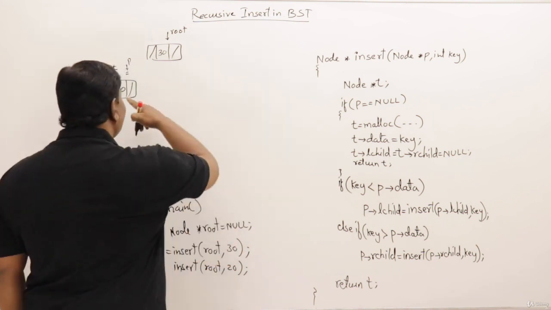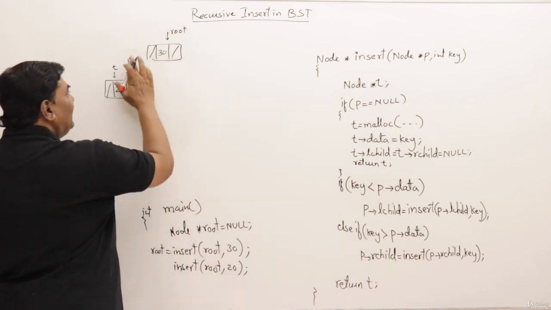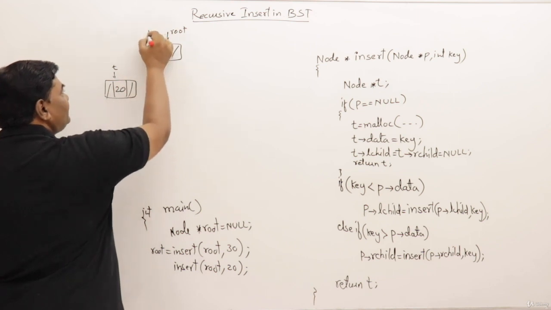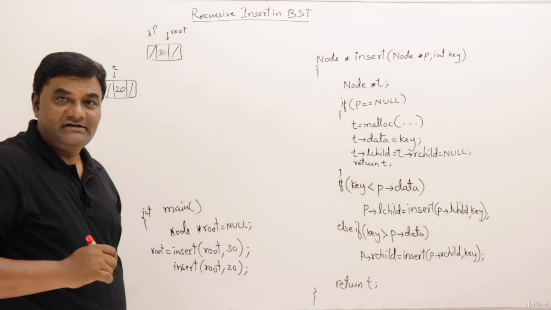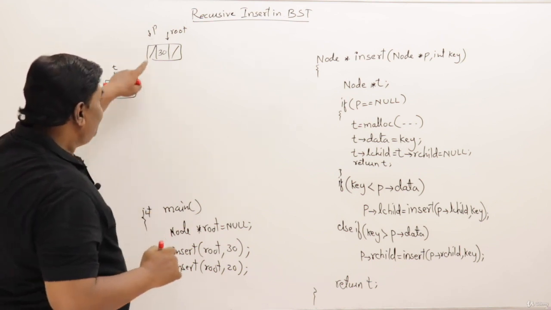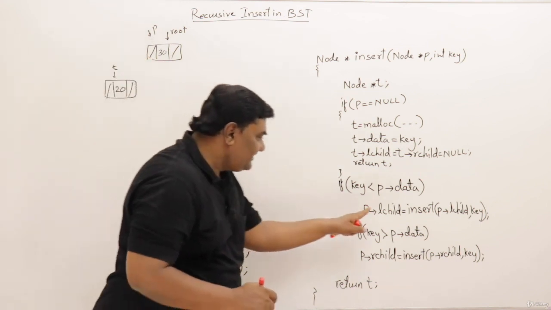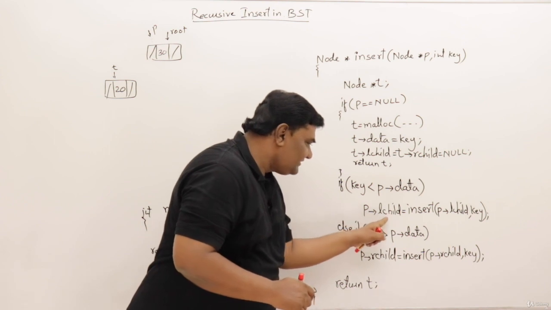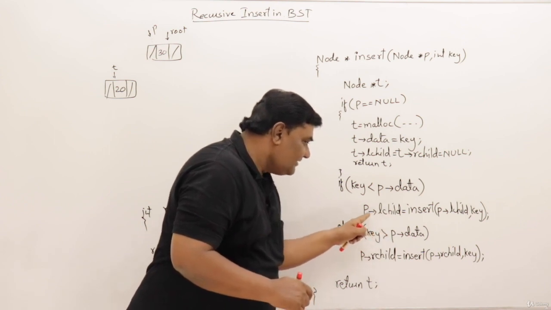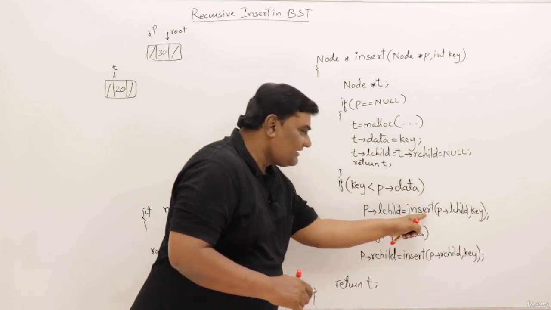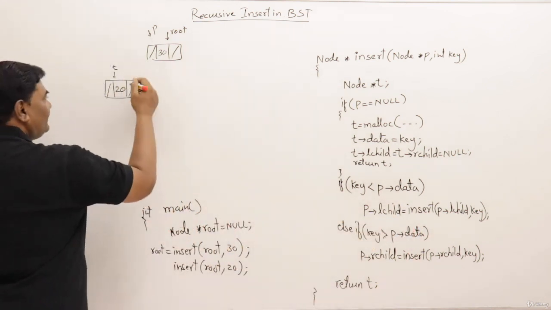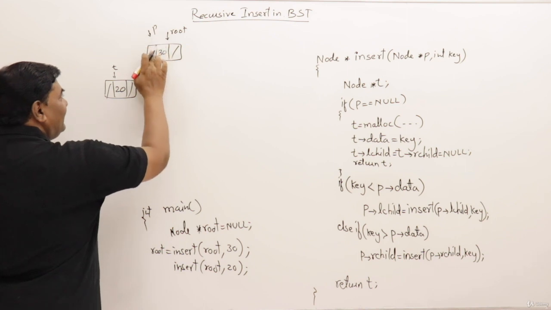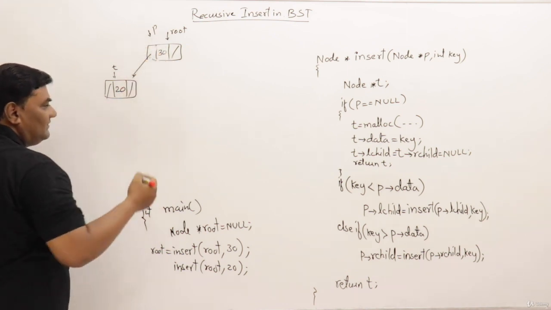When it returns, it goes back to the previous call, where P was at the first call, right? In that call, P's left was null. Now you can see that P's left child is assigned with the result returned by this insert function. So it will return the address of this node, and it will be assigned here and point here.